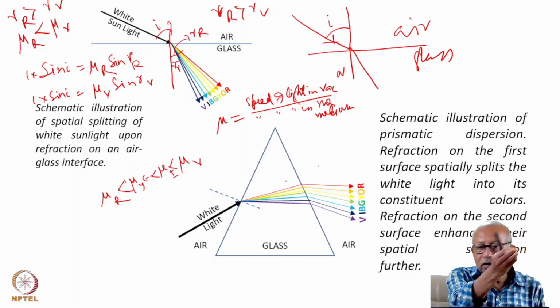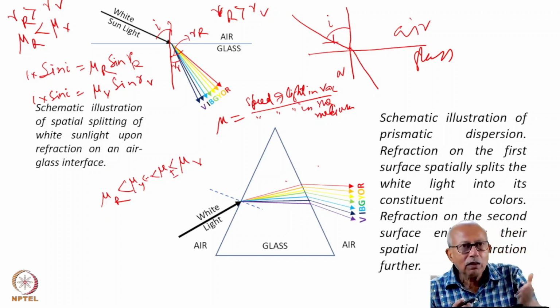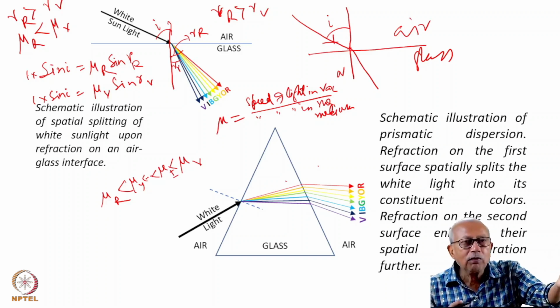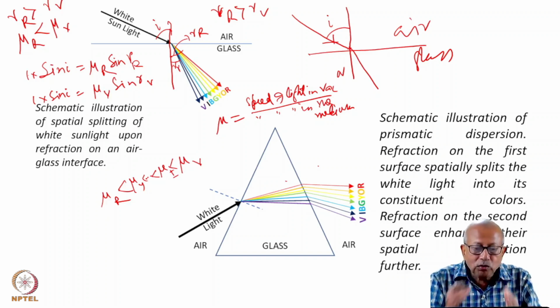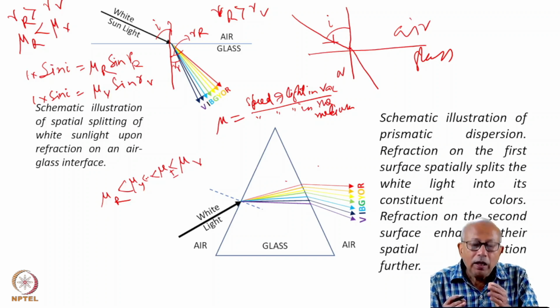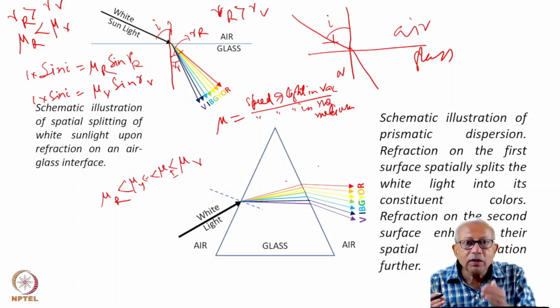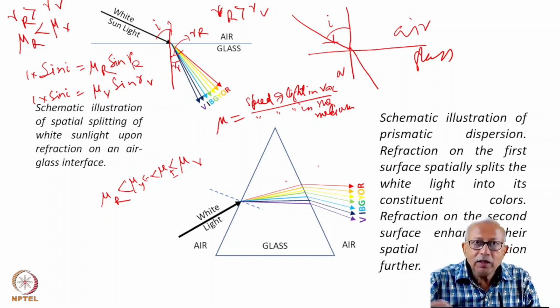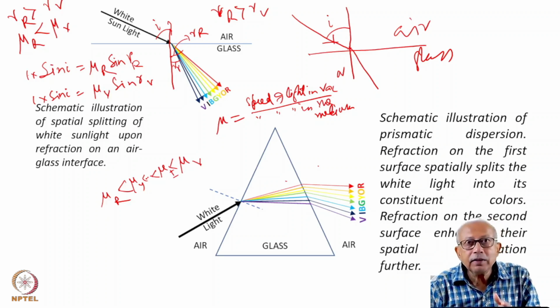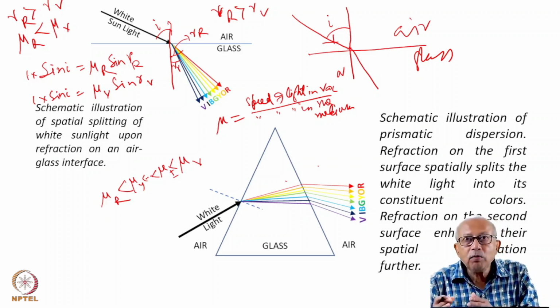And you have seen in one of the earlier classes that if you put a prism inside the cavity of the laser, then the prism actually splits different modes spatially, allowing the laser to go on a single mode.